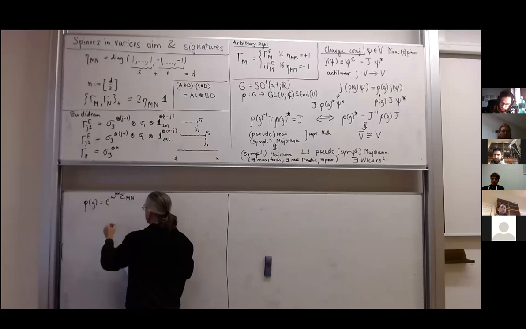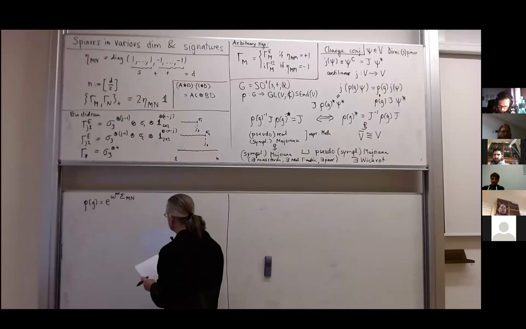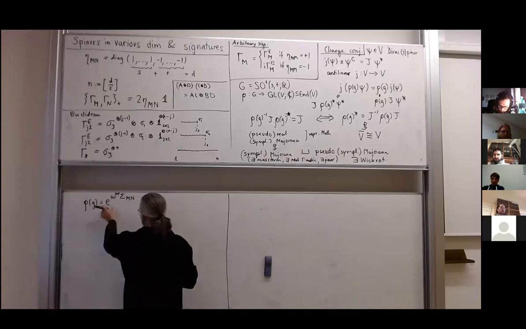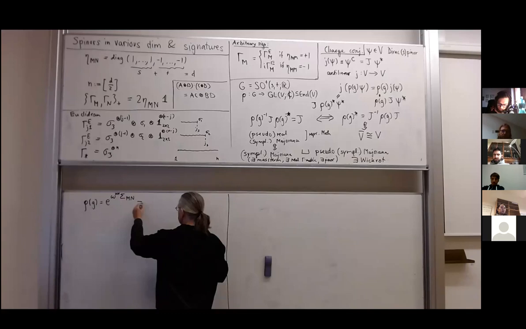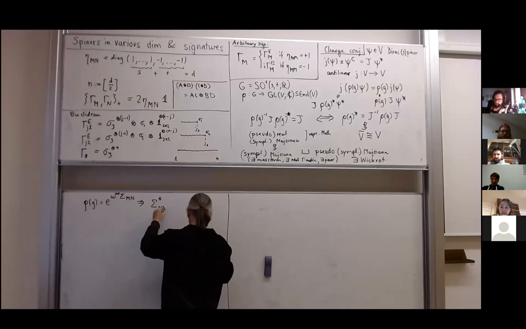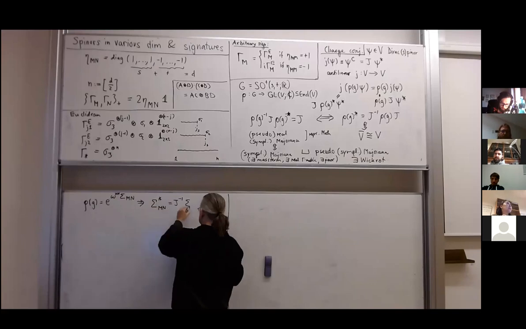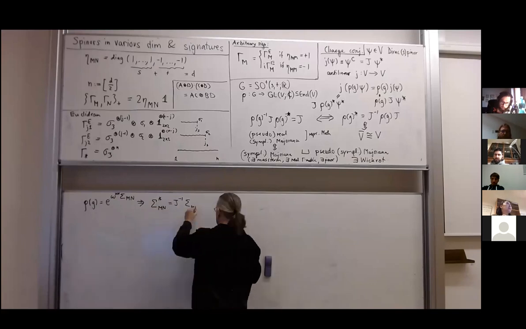So we can write it like this, and then we can expand this out and assume that omega is infinitesimal. And then we can expand out this condition here, and I claim that if we do that, then we would get that sigma star mn should be equal to j minus sigma mn j.